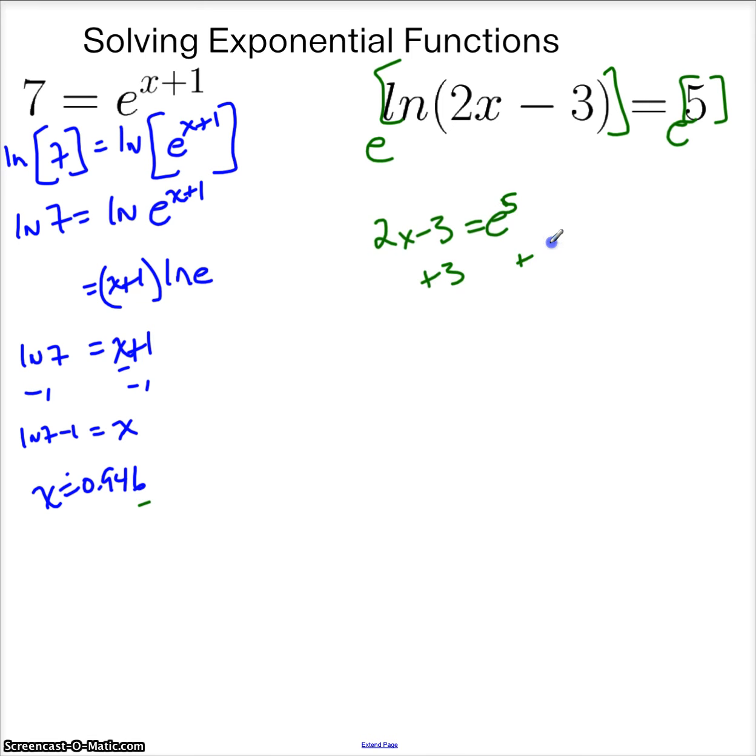Add 3 to both sides, so I get x is e to the 5th plus 3 divided by 2. If I want to solve this exactly, I can leave it like that, or I can get an approximate number of 75.707.